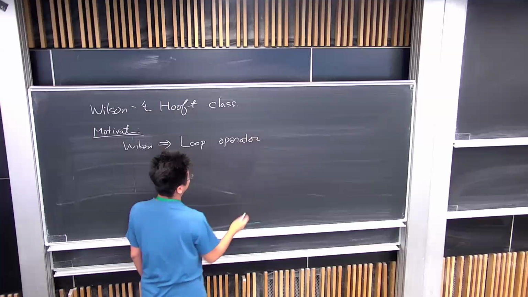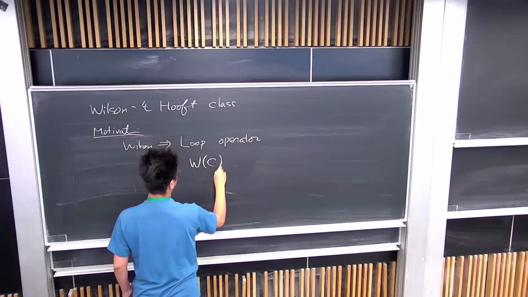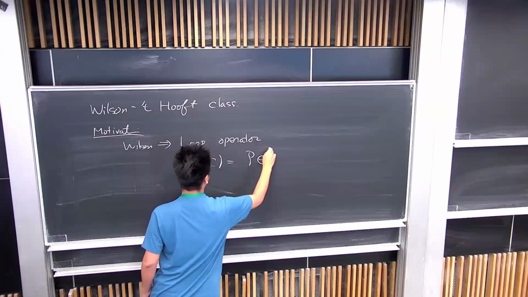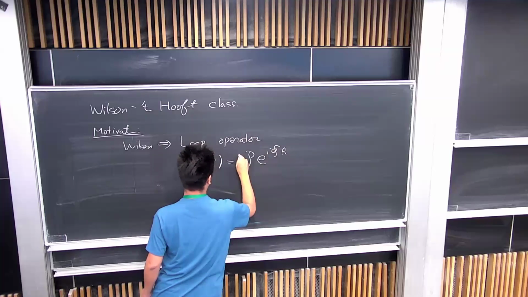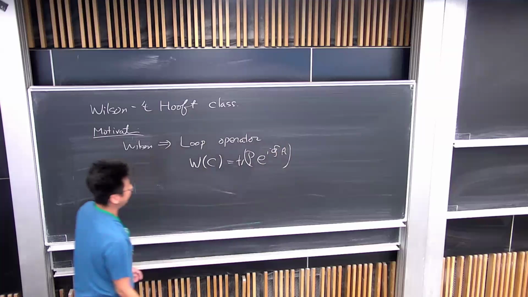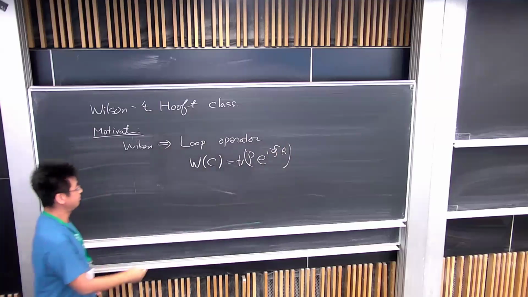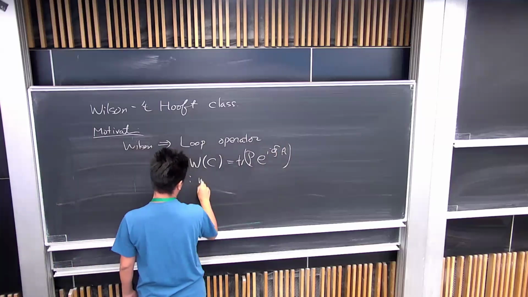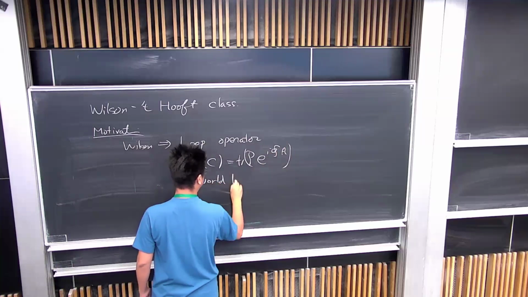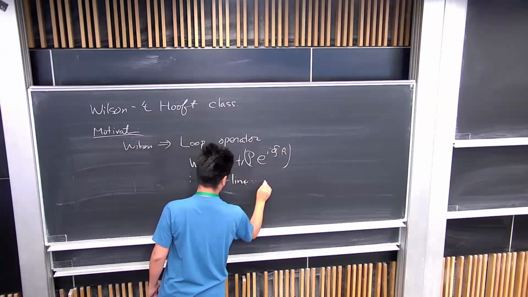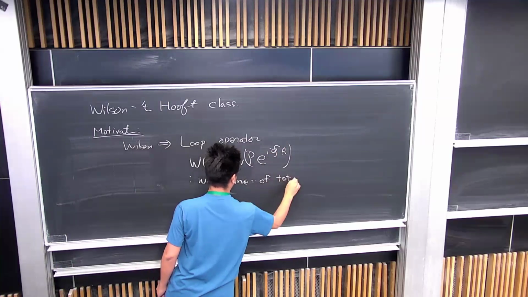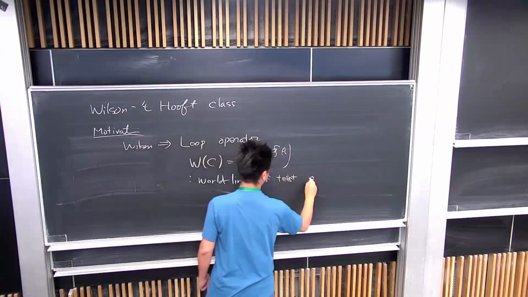This is now called the Wilson loop, and it is formally given by a path-ordered product of the gauge field. The meaning of this Wilson loop is basically the world line of a test electric charge.